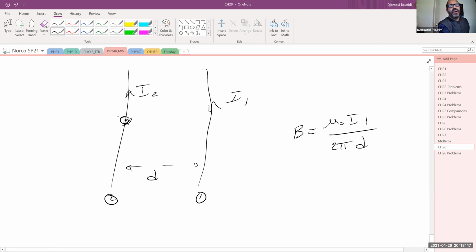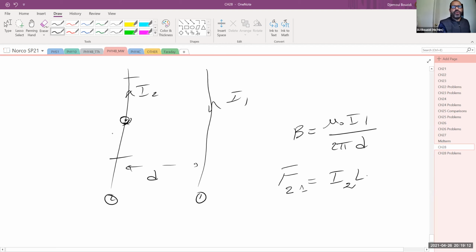Now this wire, since it's sitting inside a magnetic field and it has a current I2 moving upward, if I take a length L of it, it's going to be subject to a force equal to its current I2 times L times the field. This is the force on 2 due to 1, so this is F2.